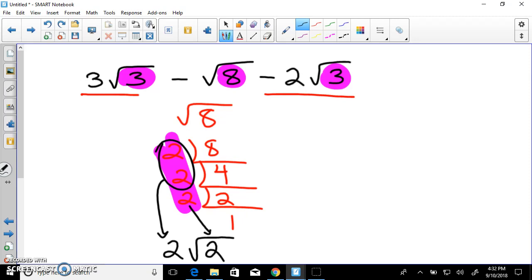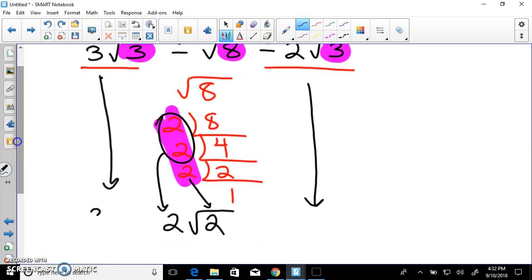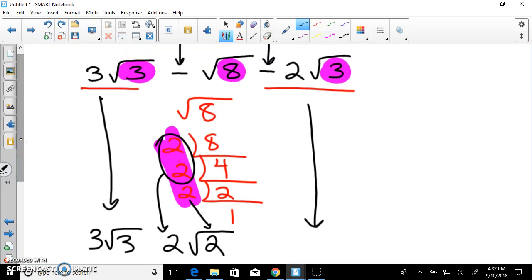Okay. And let's bring down the rest of our terms. And we're going to be very careful not to lose the operations in between them. So we're going to bring down a 3 root 3, and then there was a subtraction in between those. And then again, a subtraction in between that and the next term, 2 root 3.